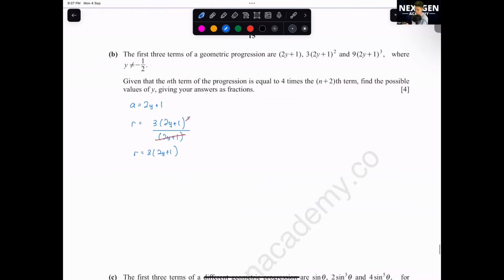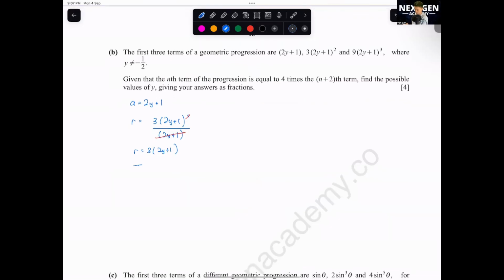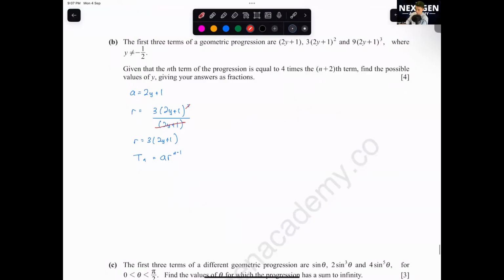Okay, now we want to find the nth term. nth term formula is what? AR to the power of n minus 1. Now they are saying, according to this statement, nth term is 4 times (n plus 2)th term. That means Tn is equals to 4 Tn plus 2. Okay, this is the meaning.